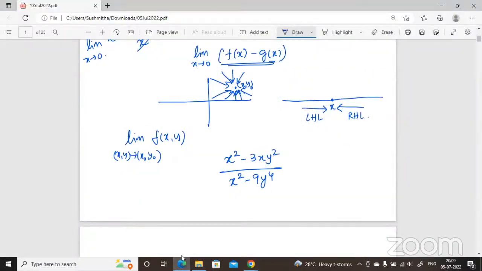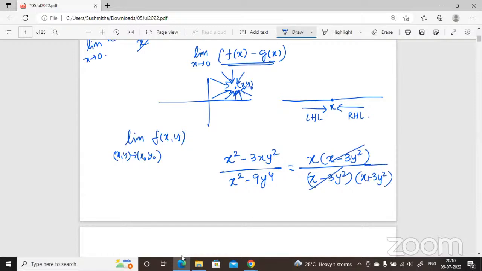Can you see that there is an obvious relation between the numerator and the denominator? Take x common out from the numerator. The denominator, you factorize it like this, x minus 3y square, x minus.